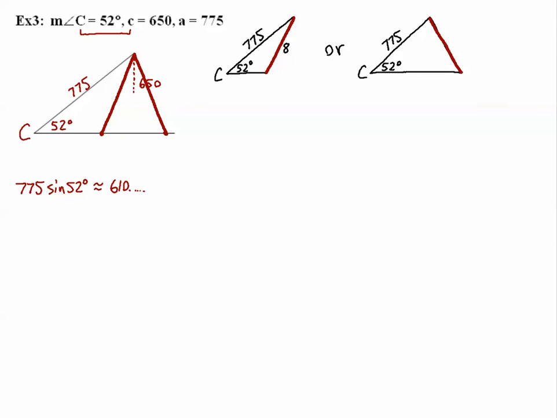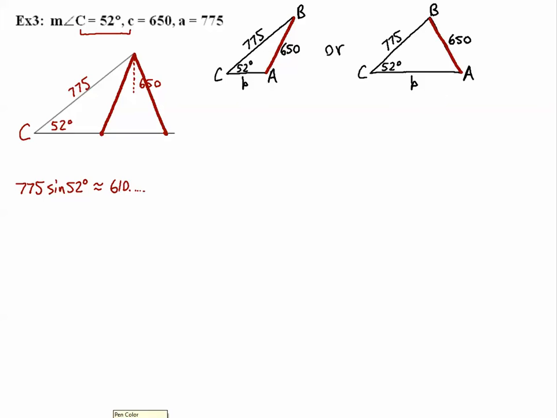That's a previous problem, I'm sorry. 650 inside, or 650 outside. This is side C. That's why it's opposite angle C. The other side that was given is A, so this must be angle A here, or angle A here. And again, I imagine that we're talking about triangle ABC, so that must be angle B up there, which means that little b is the side down here, which has two different lengths, and we'd have to solve for both of them.